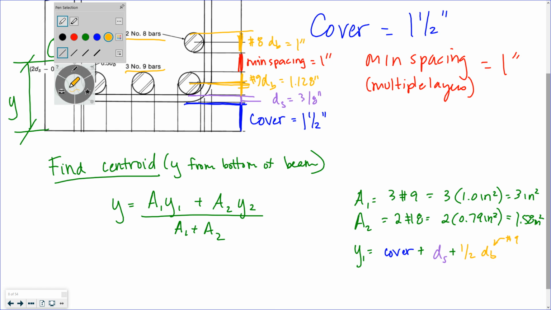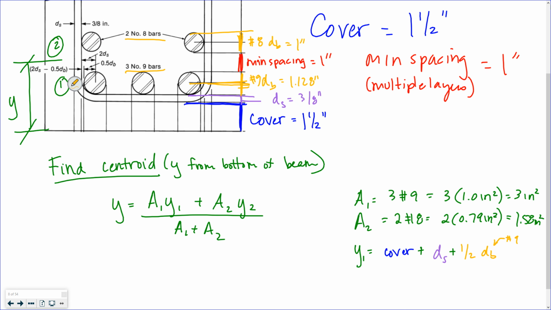We're going from the bottom to there, there.